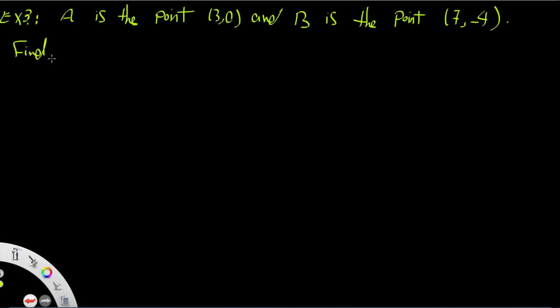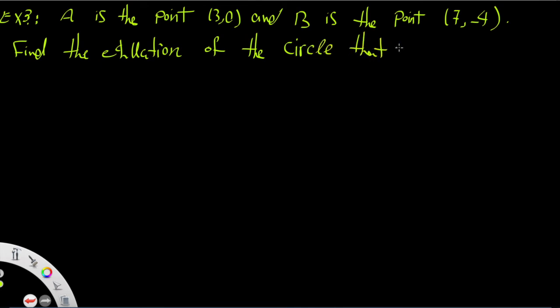Find the equation of the circle that has line segment AB as its diameter.